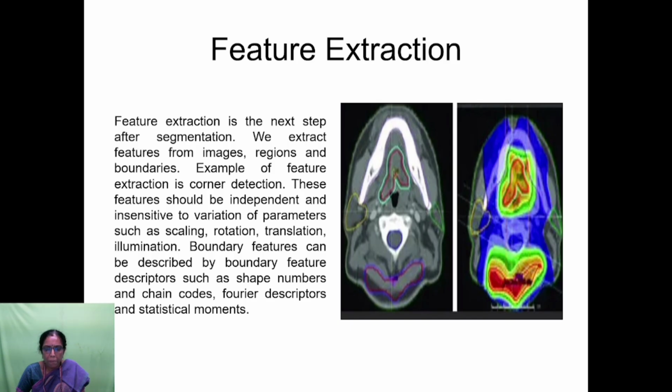Boundary features can be described by boundary feature descriptors such as shape numbers, chain codes, Fourier descriptors and statistical moments. This is a subjective representation of the image rather than the objective features.